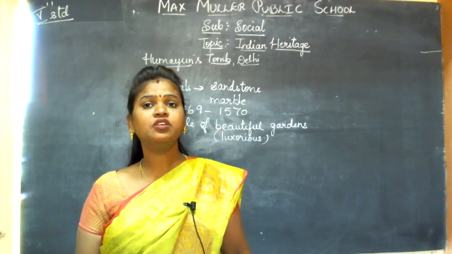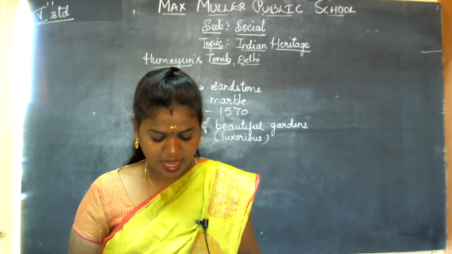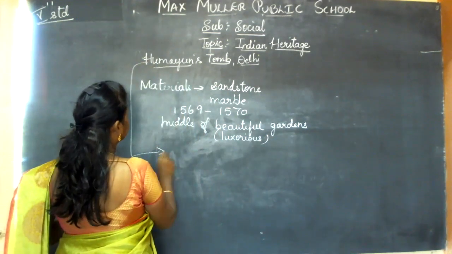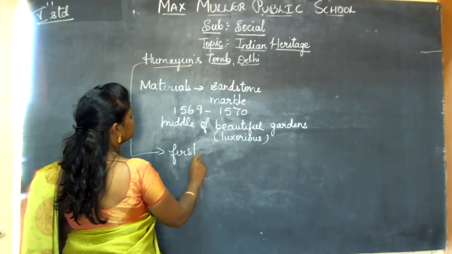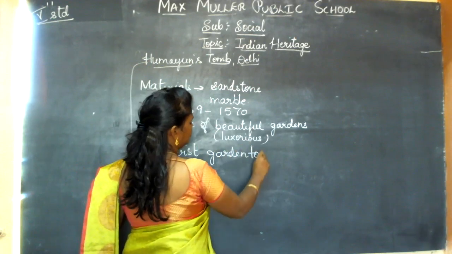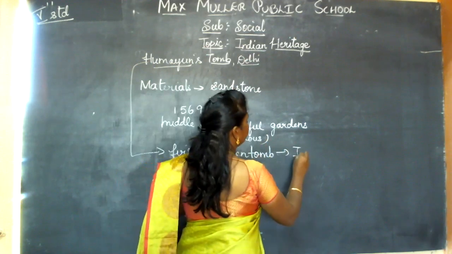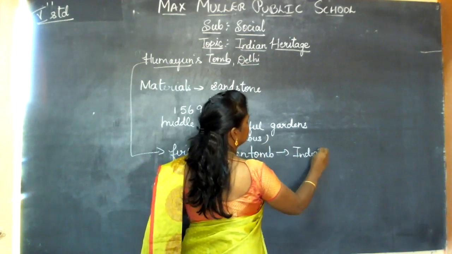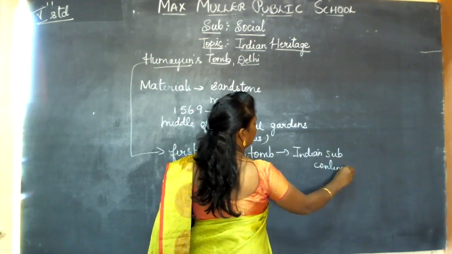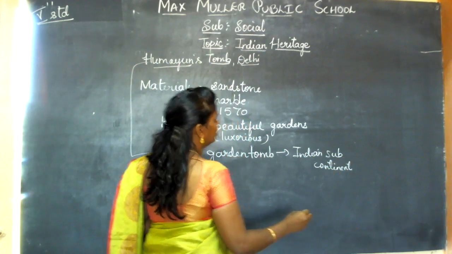So here the Humayun tomb is built in the center of a luxurious garden, and it is the first garden tomb. So Humayun tomb is also known as the first garden tomb in the Indian subcontinent.